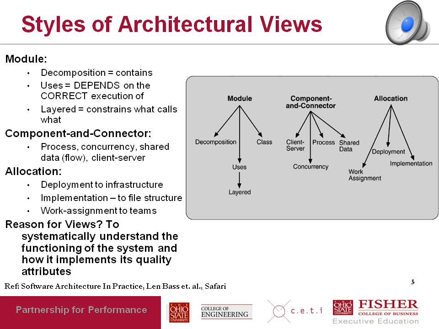Allocation views describe how the software architecture relates to non-software structures, such as the hardware or the file system in the environment. This tells you how the software elements are allocated, for example, to servers and other items in the hardware, or how software components are allocated to files, essentially things outside the software system.